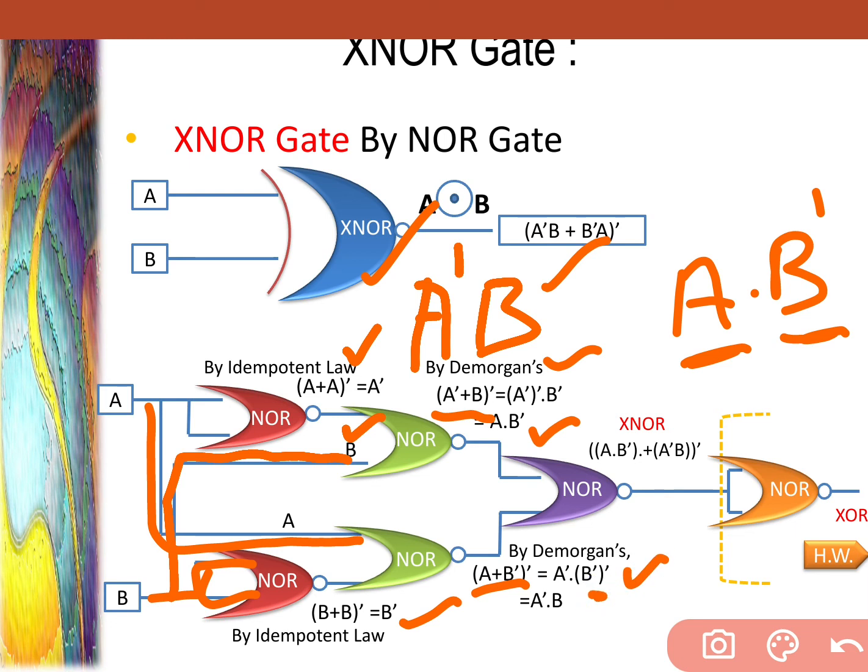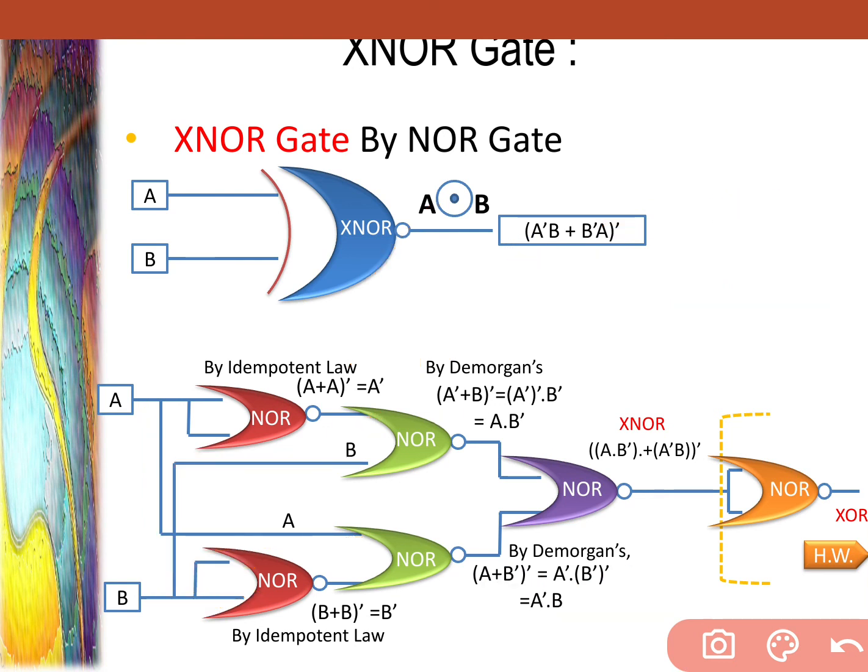When we apply involution, we are getting A dash dot B dash, means this one. And now we are having both this one and this one. And if we are going to send it with a NOR gate, what will happen? We have plus with whole dash. Now we are having an expression of XNOR. If we are going to send it 2 times, then we are having XOR.